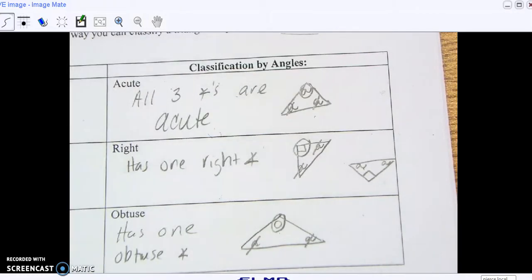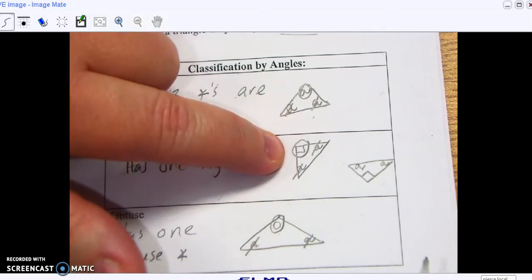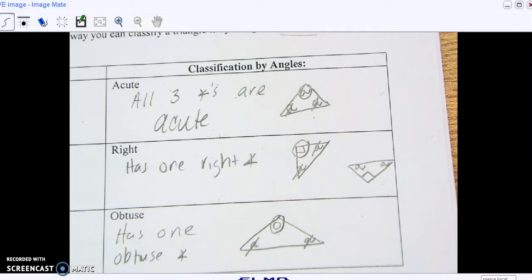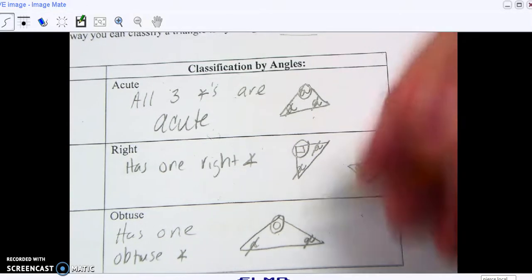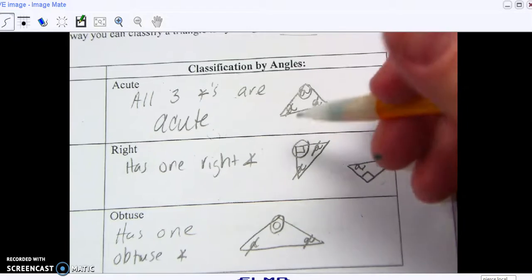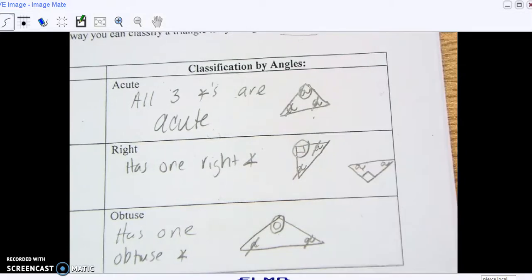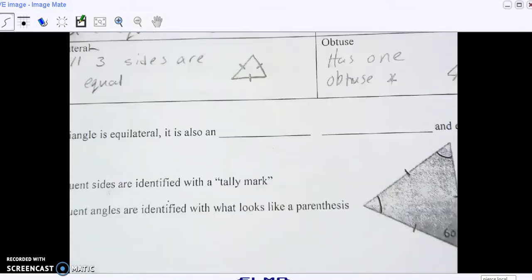What I mean is that every triangle is classified by its angles using that last angle that's left over after you cross out two acutes. The two acutes are not what classify it, it's the third angle. So always find your two acute angles, cross them out, and the third angle will classify your triangle by its angles. Okay? Alright.